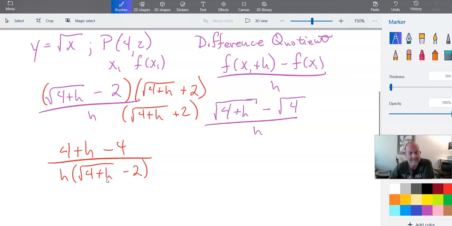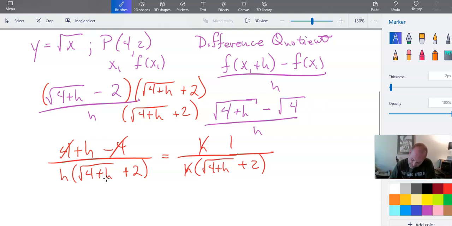Okay, well, let's go a little further here. Let's see what we can get with this. Excuse me, plus 2. Boy, that would have been a problem. We would have been dividing by 0 anyways if I just made that mistake. Okay, 4 minus 4 goes away, and what I end up with is h over h times the square root of 4 plus h plus 2.